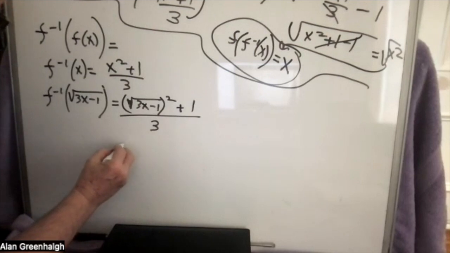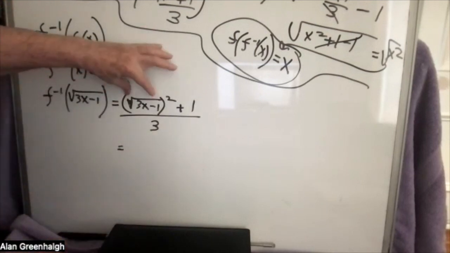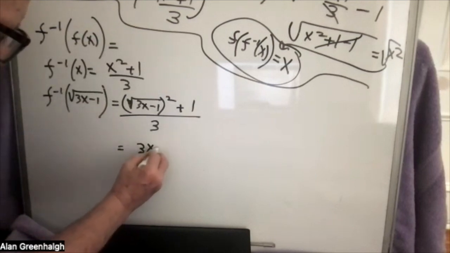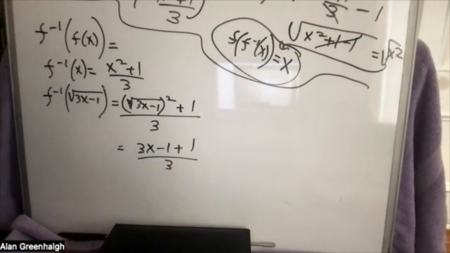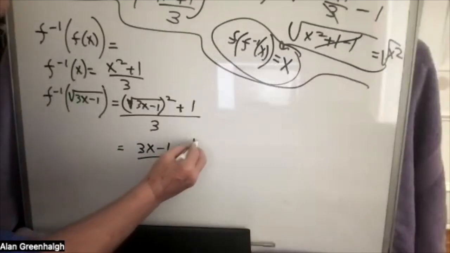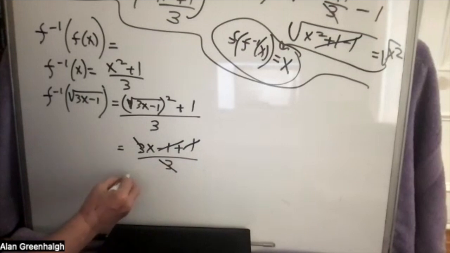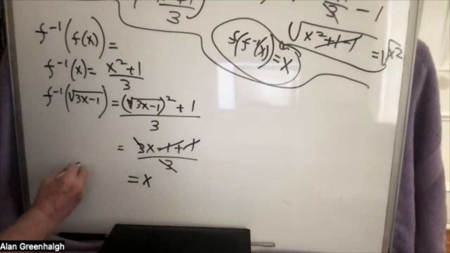So when you take a square root of something squared, that comes out to 3x minus 1 over 3. And this drops out with that. The threes drop out with each other, and that will equal x.